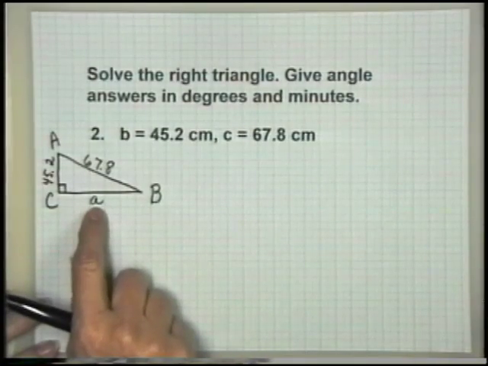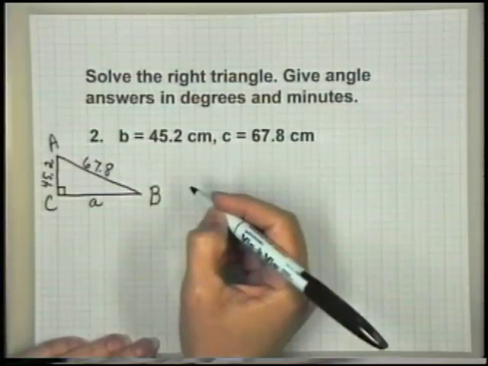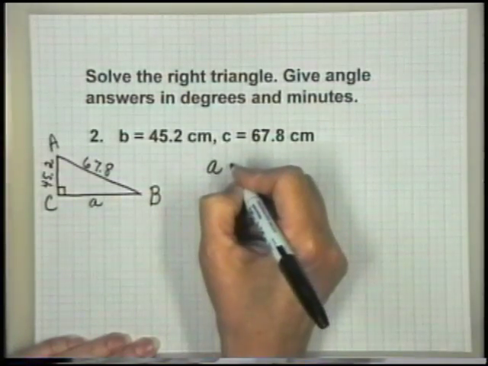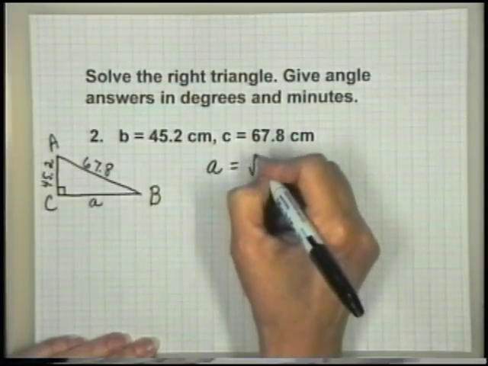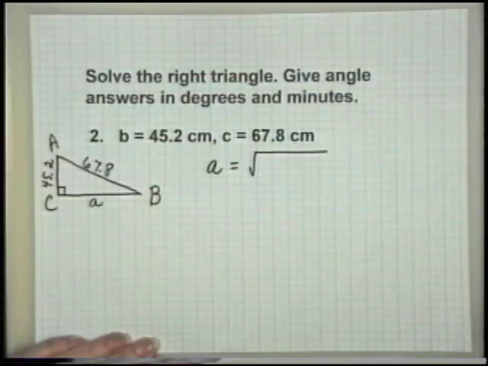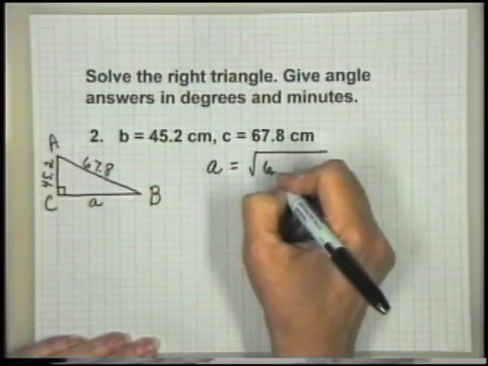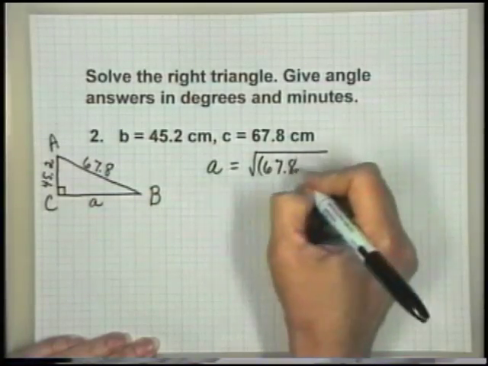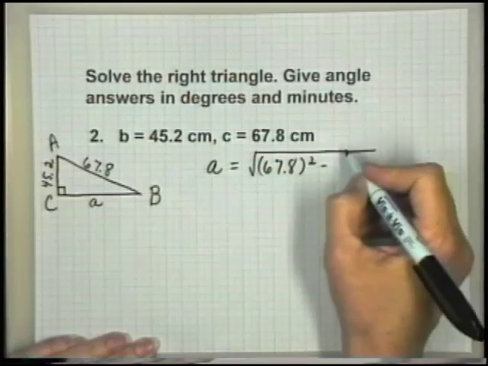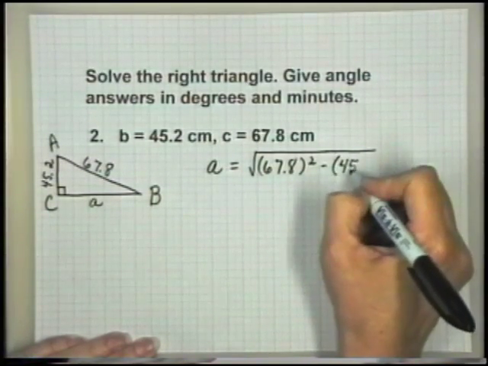When I'm given 2 sides, it's usually easier to find that third side, and of course I know to use Pythagoras. Since I'm looking for a leg, my leg is equal to, of course it's positive because it represents the side of a triangle, the square root of the hypotenuse squared minus the leg squared.